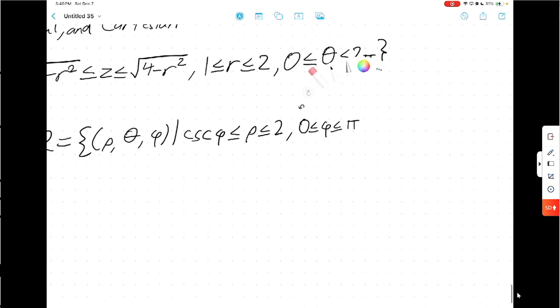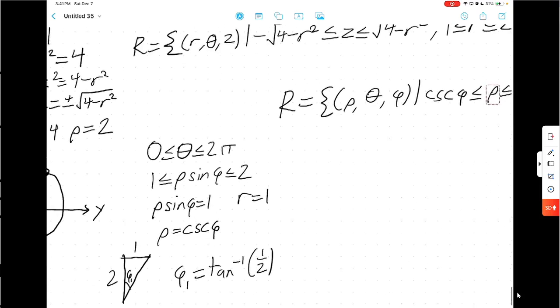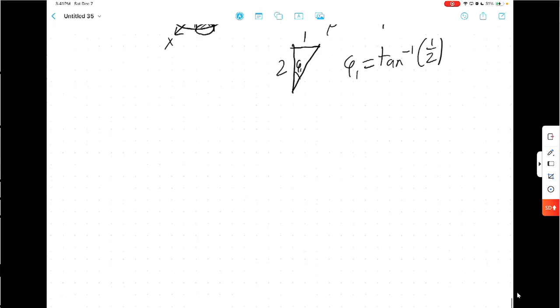We go from tangent inverse of 1/2 to pi minus this, because it's also there on the other side. And theta is between 0 and 2 pi, because there's no restriction. Alright, that should be it for spherical.